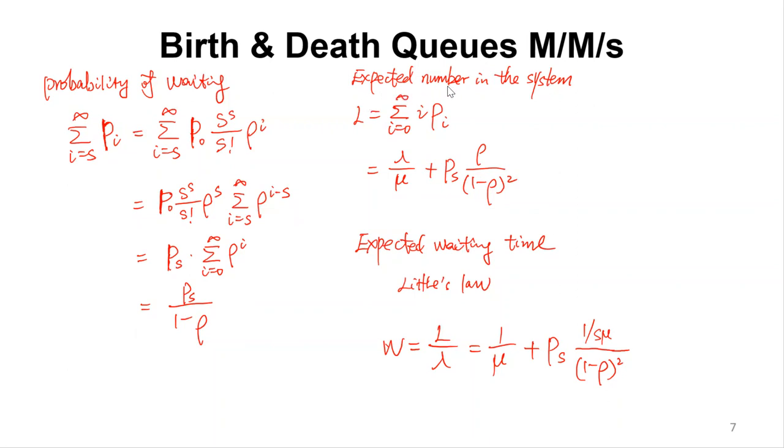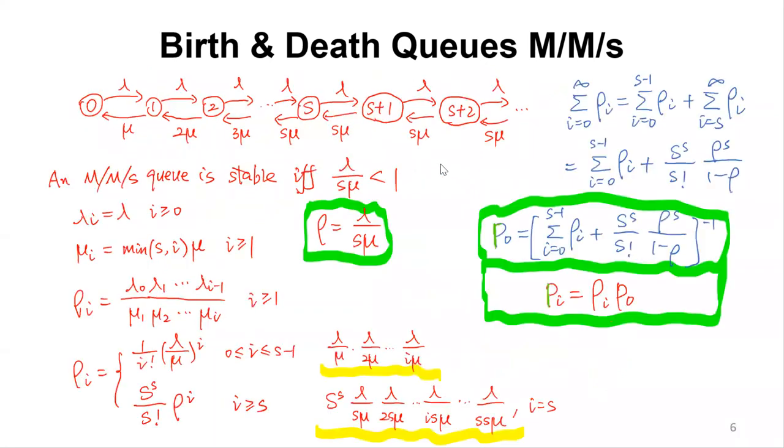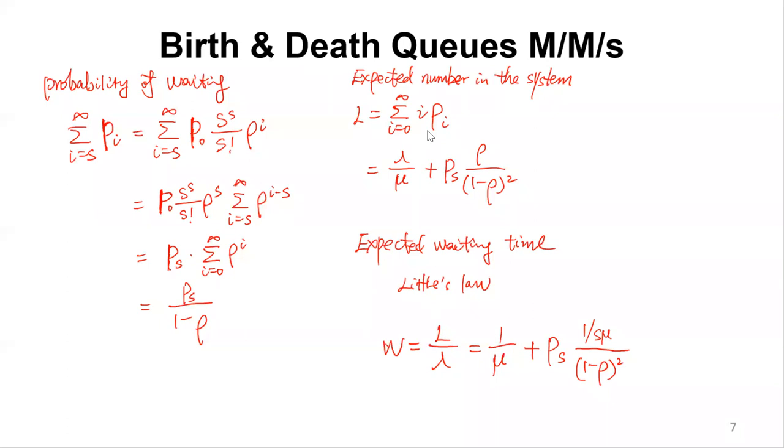Now, what's the expected number in the system? Similar to before, this is I times Pi. We have P0, Pi, all the P's. Now let's put it in. We will be able to get lambda over mu plus PS rho over 1 minus rho squared.